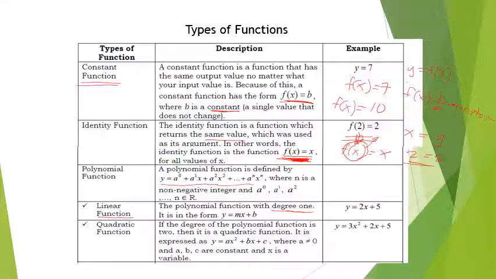Bakit nga ba naging polynomial yung linear? Okay. Diba itong linear function, pwede natin isulat siya sa y is equal to a sub 1 x, plus any constant, or the plus a sub 0. Diba ito yun? Kaya tinatawag na polynomial function, ang linear polynomial function with degree 1.